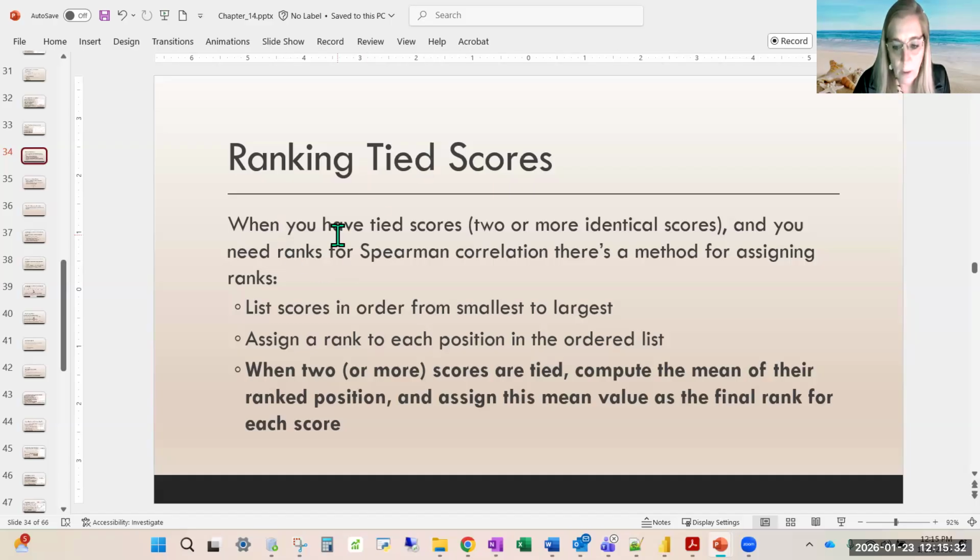But if you have two scores that are identical, there is a way to provide for that. So first you would list the scores in order from smallest to largest. Then you assign a rank to each position in the ordered list. When two or more scores are tied, you compute the mean of their ranked position, and then you assign this mean value as the final rank for both of those scores.